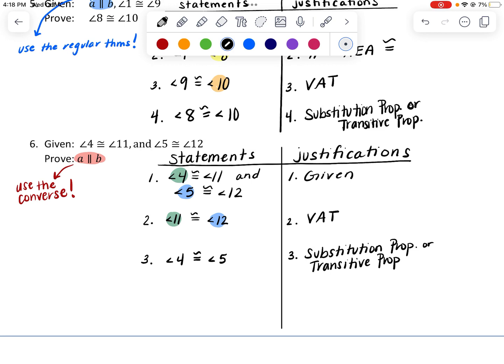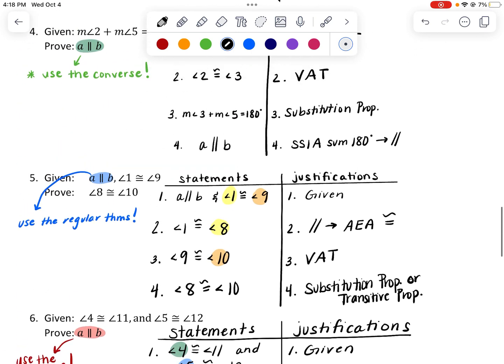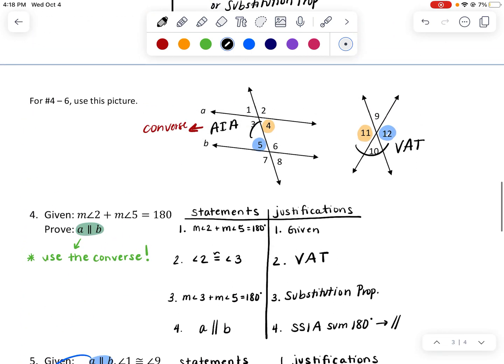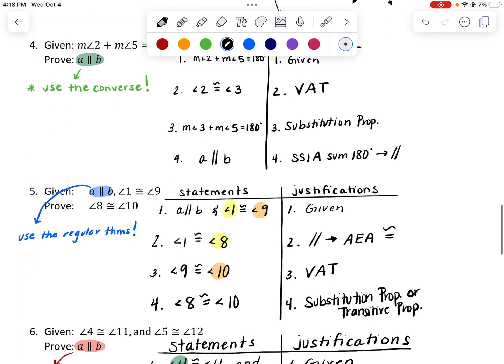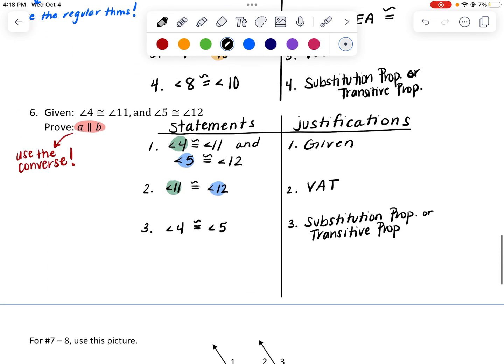Now I know that those are congruent. Now look at angle 4 and angle 5. If we go back to this picture, they're alternate interior angles, and we want to prove the lines are parallel. So I know that A is parallel to B, because if I have alternating interior angles that are congruent, I must have parallel lines. That's the converse that we have to use there.